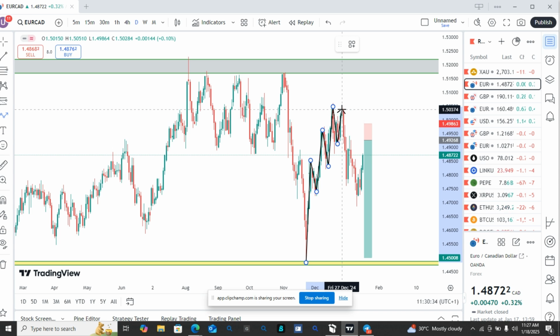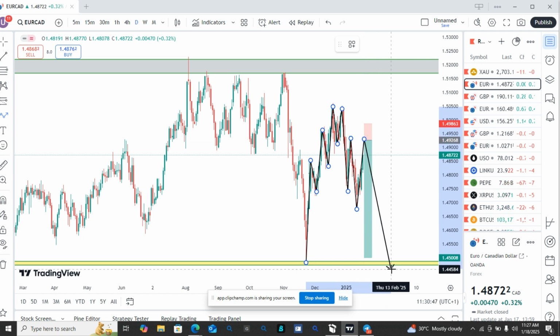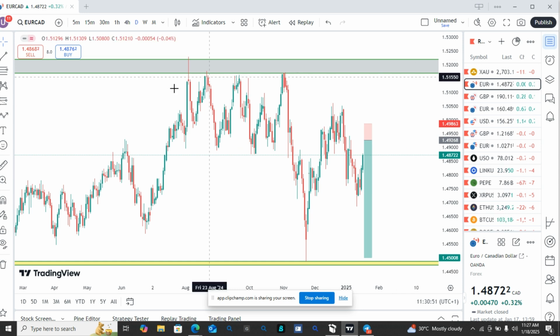After creating equal high, what happened? Price created a lower low. After lower low, what next? A lower high, another lower low. So price is going off a lower high before pushing down to this zone. So in a daily time frame, we are what? Bearish. So the question is, how do we take these sells?